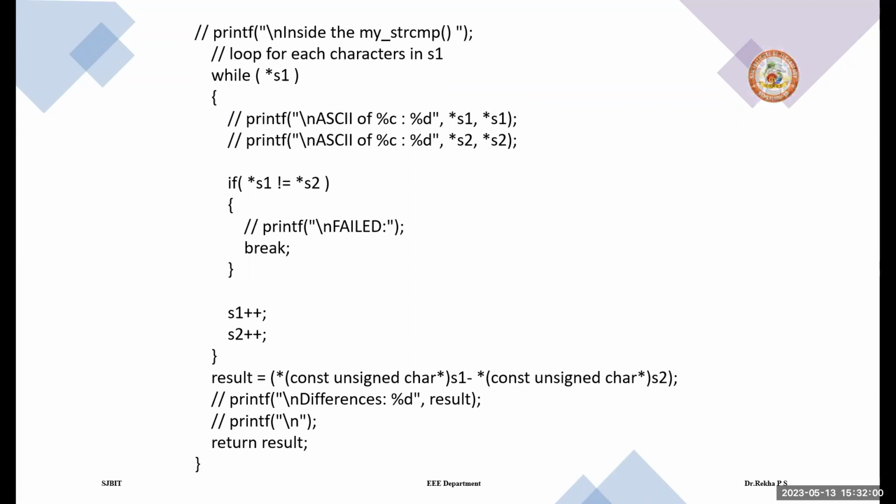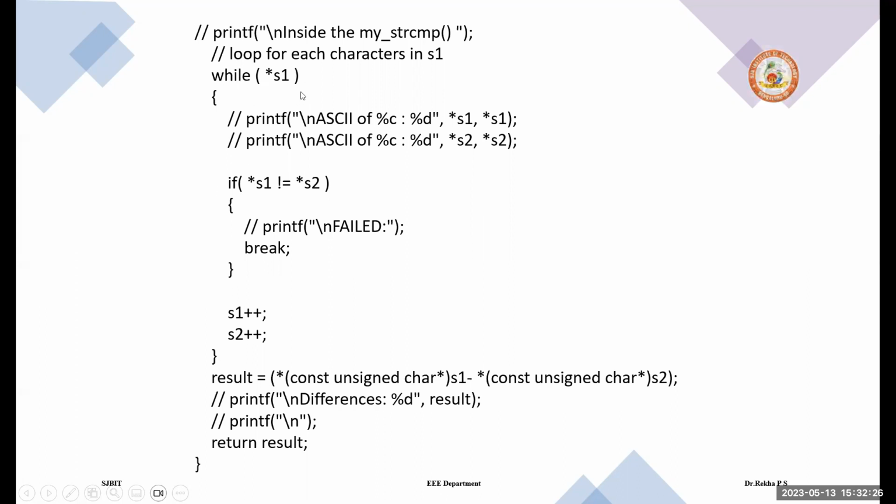For each character in S1, what will happen? That's why I started with while star S1, that is, while the content of S1 exists.